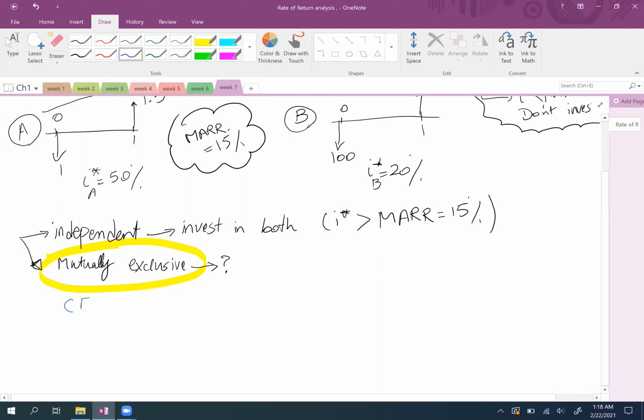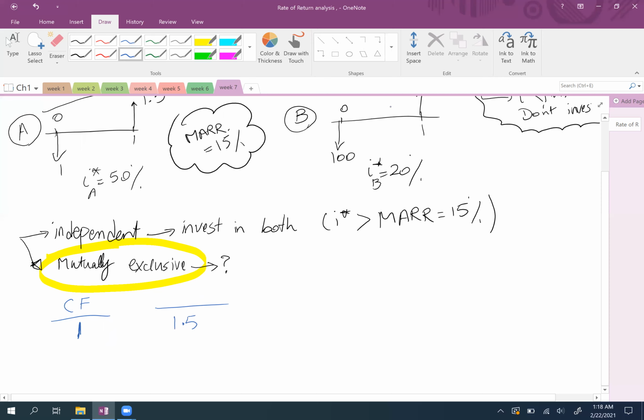Let's write the cash flows. For the alternative that you have, for $1, you could make $1.5.